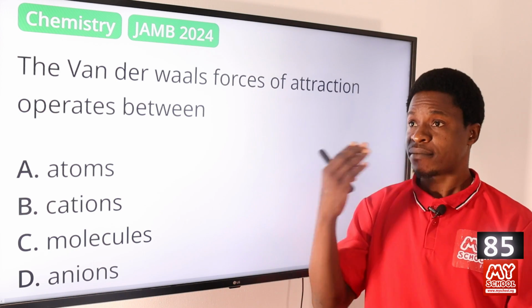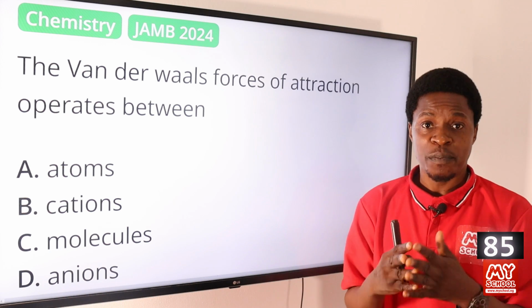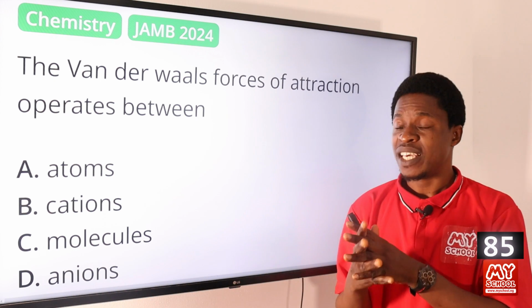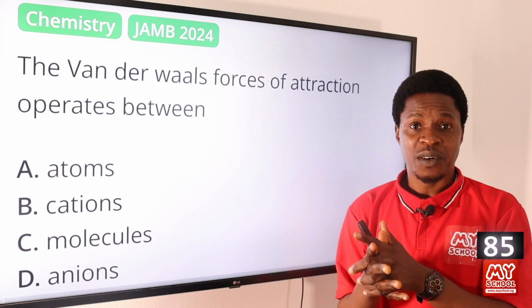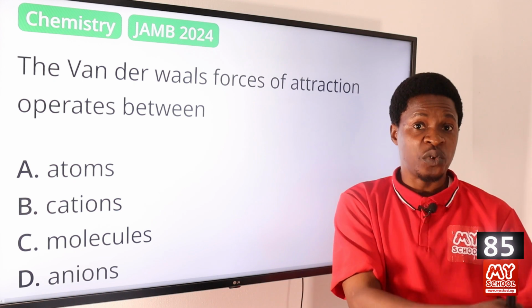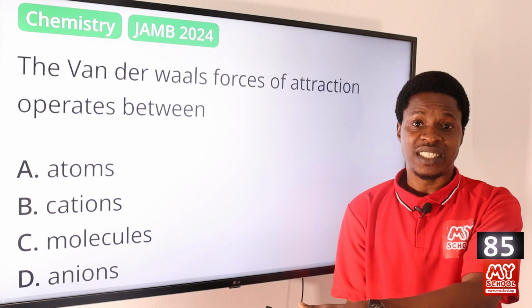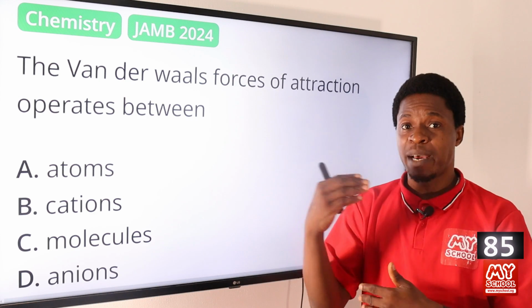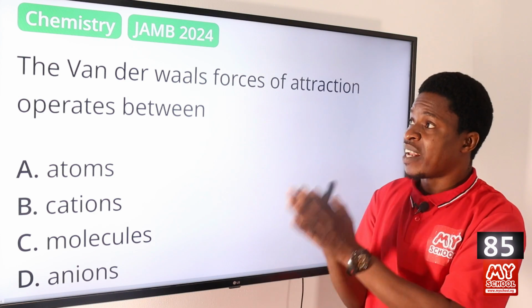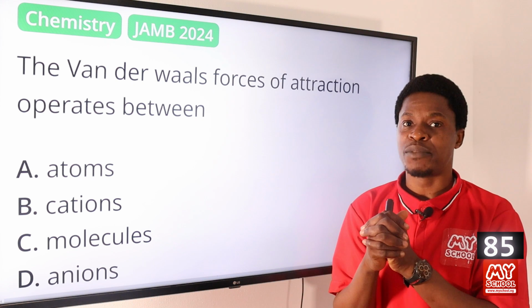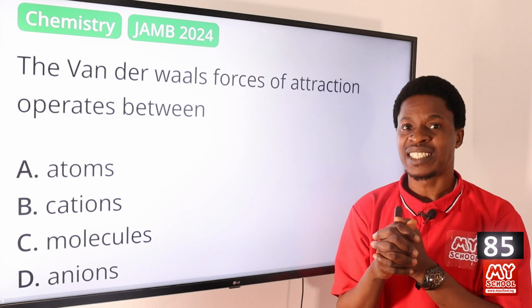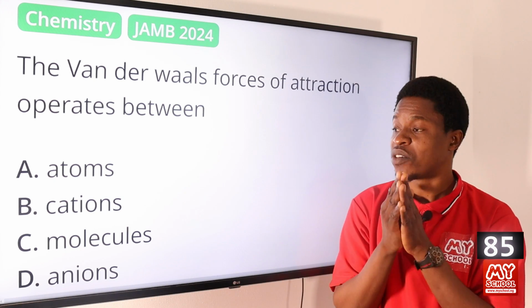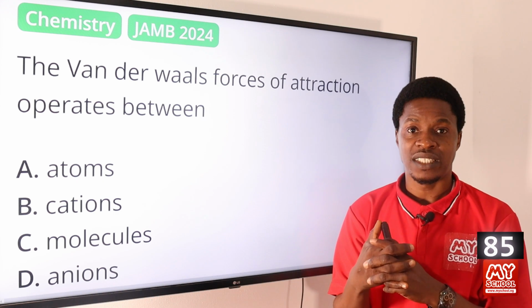It could be between polar molecules with permanent dipoles that have opposite dipoles, or molecules that are dipolar, whether they are permanent or not. So the van der Waals force of attraction usually operates between molecules, not anions, not cations, and not atoms. It is usually among molecules. So the correct answer here is option C, molecules.